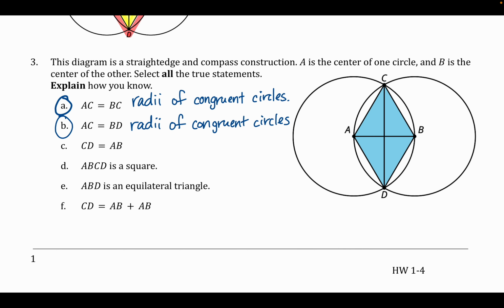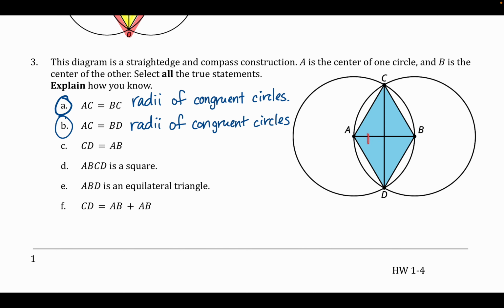So now let's look at option C. This says that CD is equal to AB. CD is normally what we would call our perpendicular bisector here. And this was from our previous lesson. We learned how to construct a perpendicular bisector of a shared radius, like AB. Now, it's not going to be equal to AB.